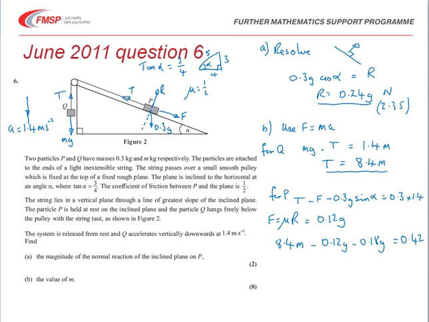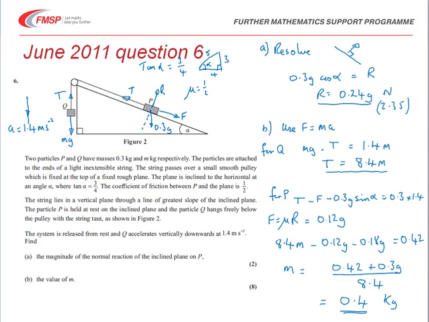Now all we need to do is to make m subject of that equation. So therefore m is equal to 0.42 plus 0.12 g and 0.18 g, that's a total of 0.3 g, so plus 0.3 g, and dividing that by 8.4. And that comes out to be 0.4 kilograms. So M is equal to 0.4.